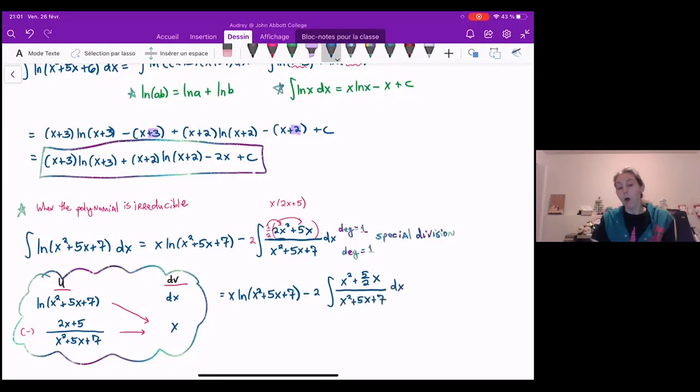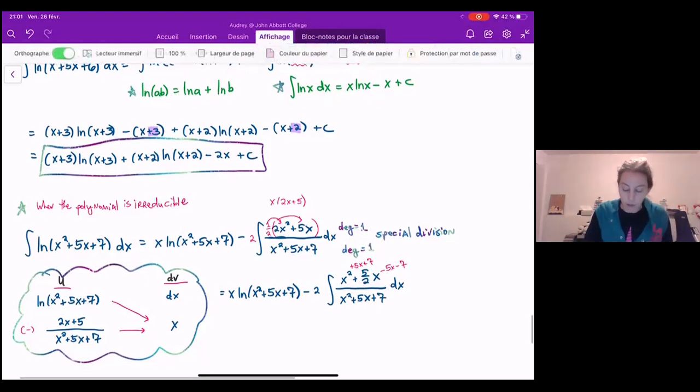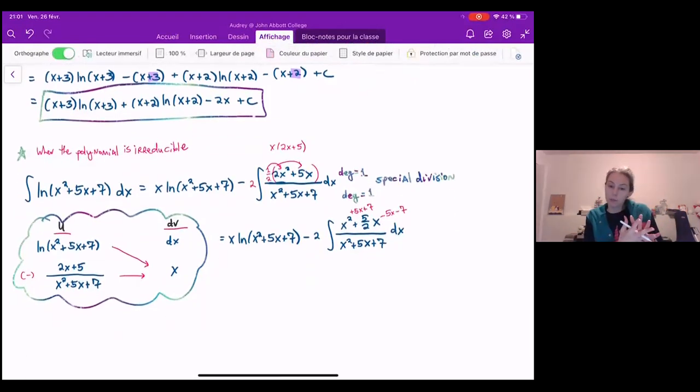And now I want a plus 5x plus 7 on top. So I'm like plus 5x plus 7 minus 5x minus 7. And I separate so that I have x squared plus 5x plus 7 on one side and then everything else on the other.